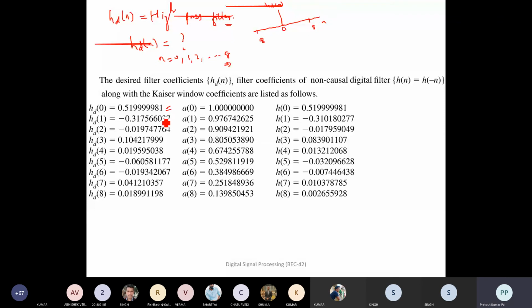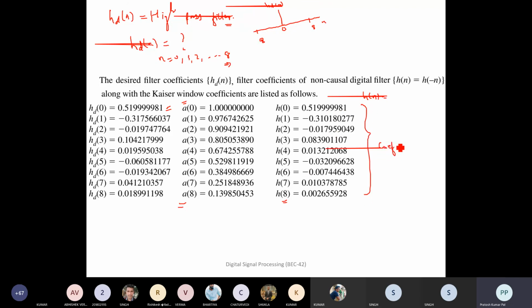Once we have calculated them, we will find the alpha value for each n value. That alpha value will be multiplied by this Hd of n value, and we will get the h of n value. These h of n values are the coefficients.